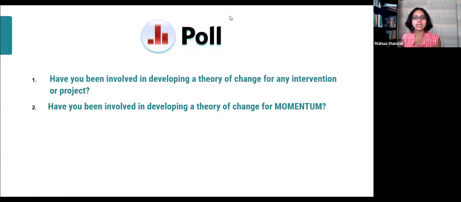So before we get into the nitty-gritty, let's do a quick poll. There's 2 questions for the polls. First, have you been involved in developing a theory of change, however it is that you understand what a theory of change is, for any intervention or any project? And the second question is, have you been involved in developing a theory of change for momentum, whether it's your momentum project or have been invited to work with other momentum colleagues?